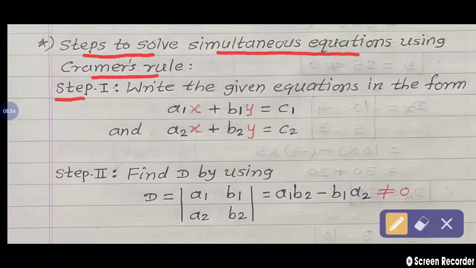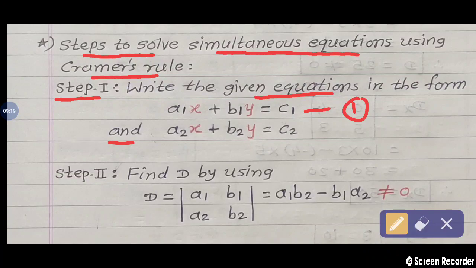Now step number 1. Write the given equations in the form below each other. A1x plus B1y is equal to C1. This is equation number 1. And for the second equation, write like terms below each other.